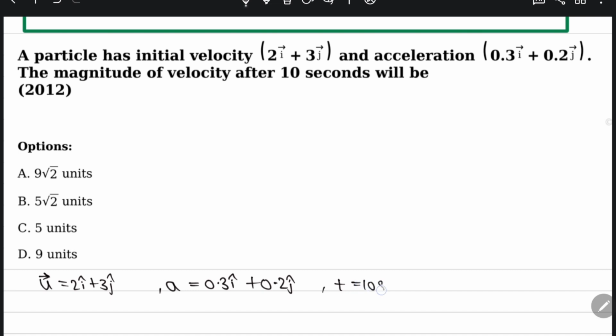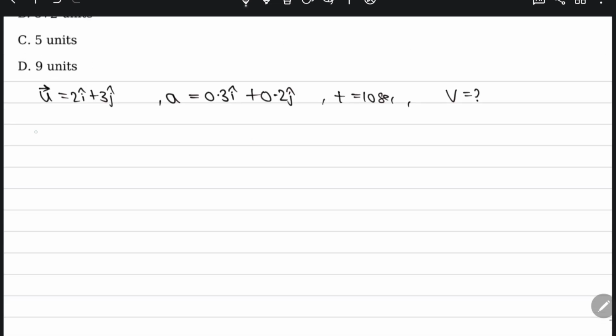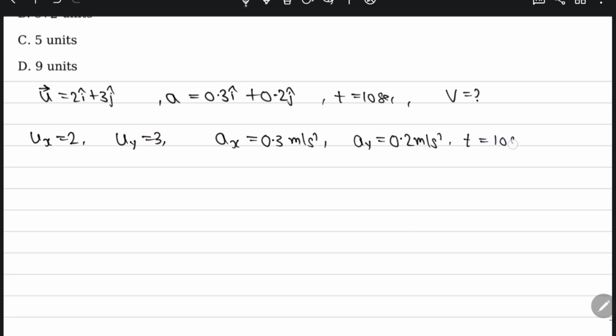After 10 seconds, what is the final velocity? Initial velocity in the x direction is 2 and in the y direction is 3. Acceleration in the x direction is 0.3 meter per second square, in the y direction is 0.2 meter per second square, and t is equal to 10 seconds.